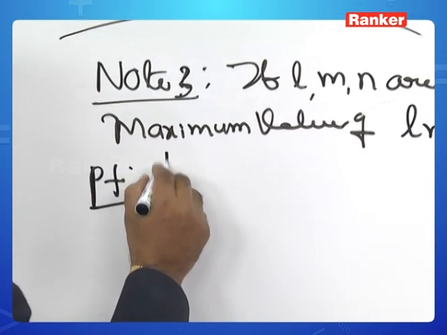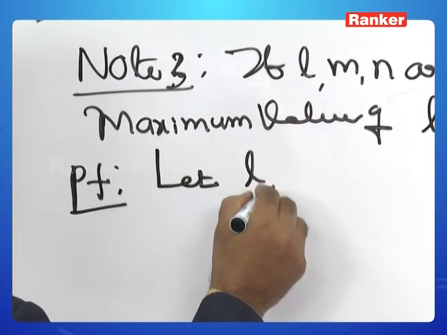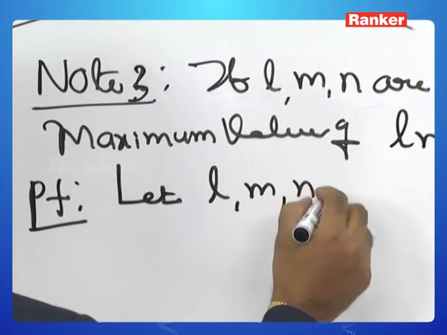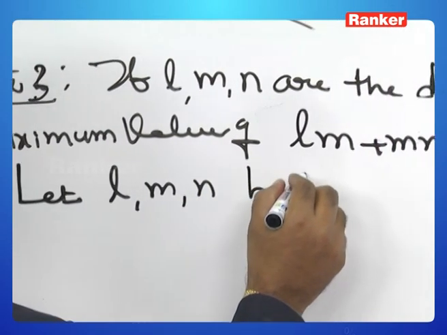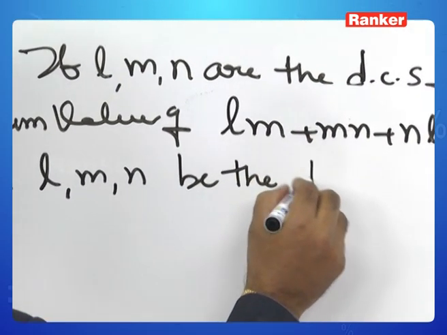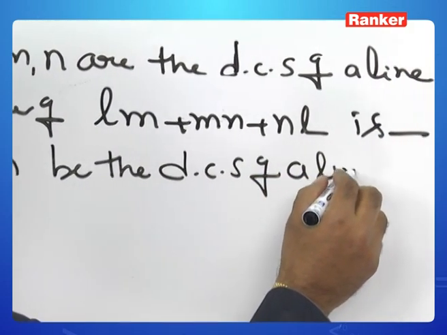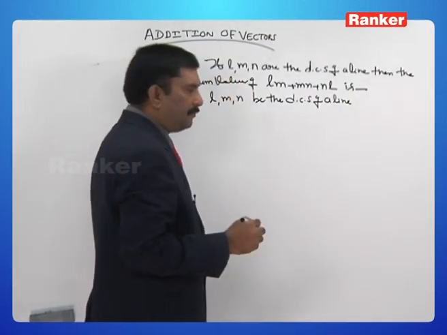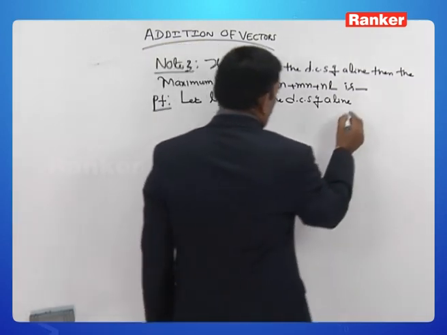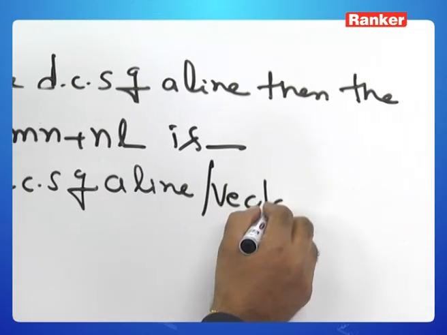let L, M, N be the DCs of a line, or a vector or array.